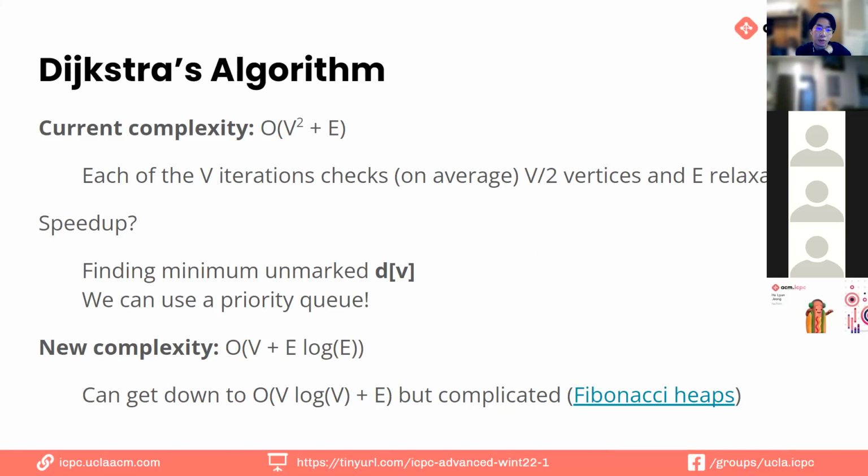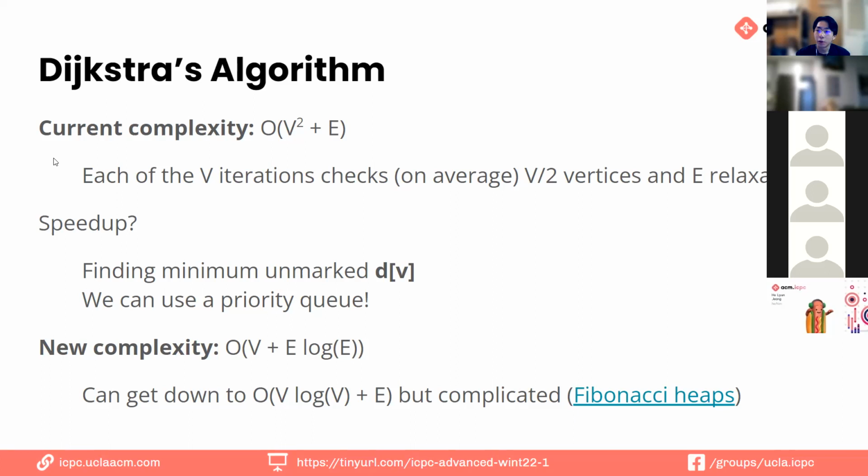Each V iteration checks on average half of the other vertices, because the number of vertices you check decreases every time you go through that for loop, which is where the V squared comes from. And then the relaxations are constant time, but you need to do it for each edge. Notice that in the example we did, we never went back to an edge once we considered it. So each edge is going to be considered once with constant time. So we're going to add in an E there.